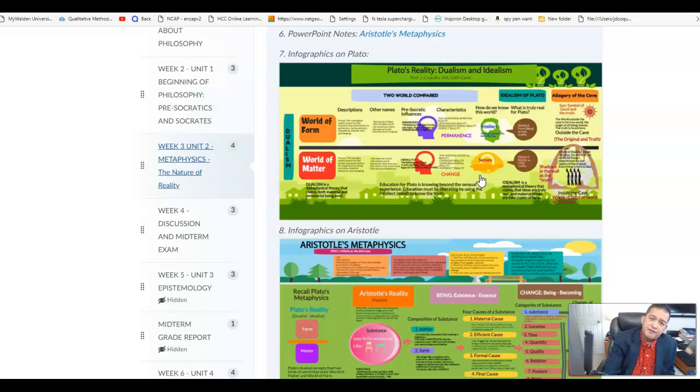When you look at the form or the ideas, only the intellect can know this. So when the intellect works, it thinks of ideas, and ideas are abstract. And for Plato, ideas do not change. Okay? It's always the same. Now, those ideas are the original thing that makes reality.